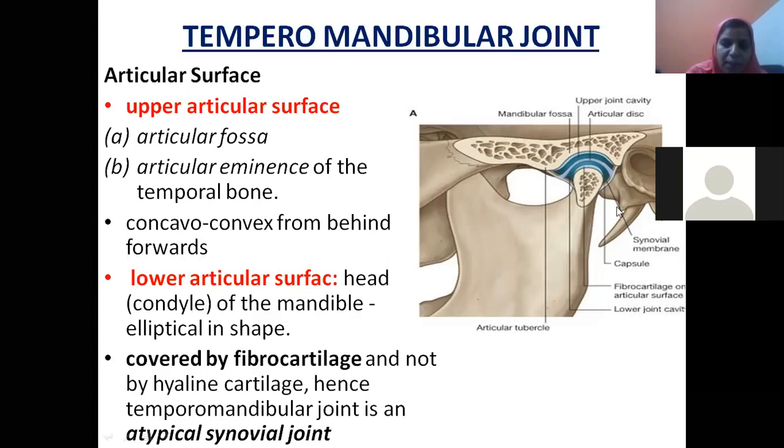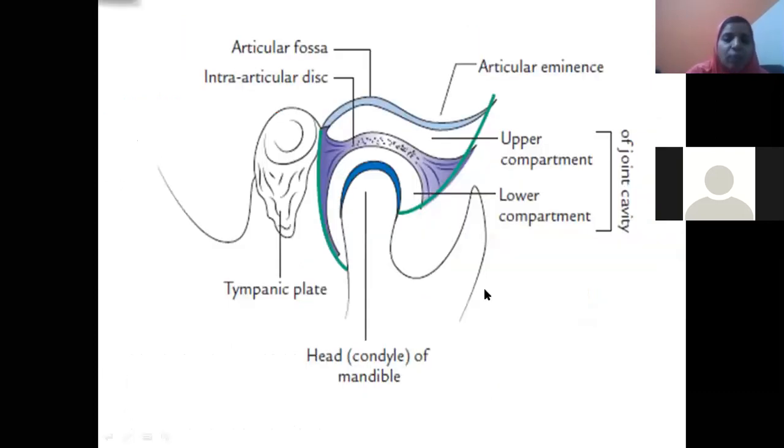The head of the mandible is covered by fibrocartilage and not hyaline cartilage. Hence, the temporomandibular joint is an atypical type of synovial joint, meaning it is different from other synovial joints. All other synovial joints have hyaline cartilage, also called articular cartilage, but here you have fibrocartilage.